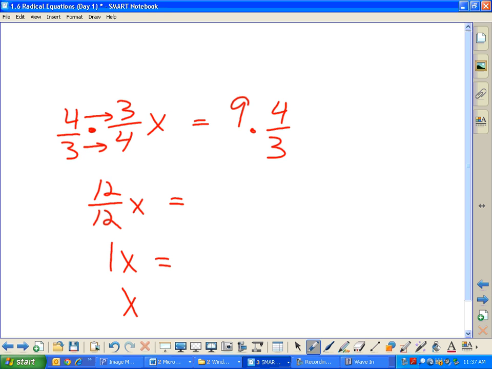And then just to simplify across the top on the other side, we have 36 over 3, which you just said was 12. So there's this idea, and it's actually the more important idea for today, that we could get rid of a fractional coefficient by multiplying by the reciprocal. Did you know that? Okay, so let's do another one just to make sure that that idea sticks.